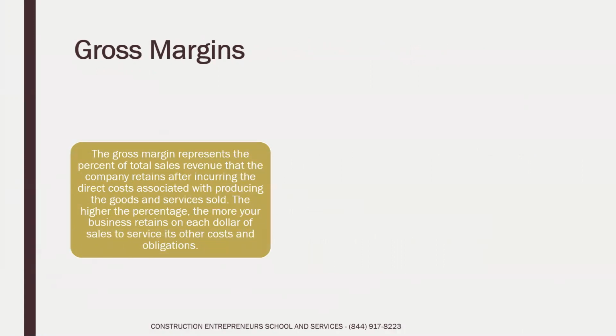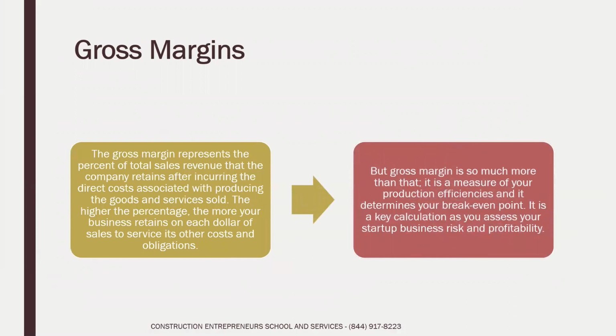The higher the percentage, the more your business retains on each dollar of sales to service other costs and obligations. But gross margin is so much more than that. It's a measure of your production efficiencies, and it determines your break-even point. This is why it's a key calculation to assess your business startup, your risks, your profitability, and much more.